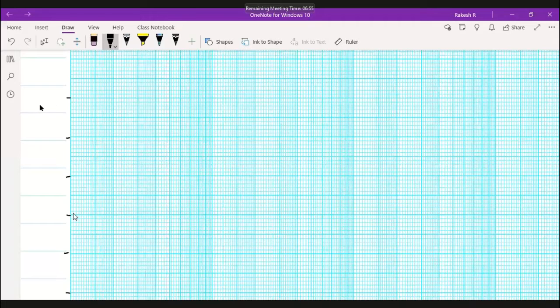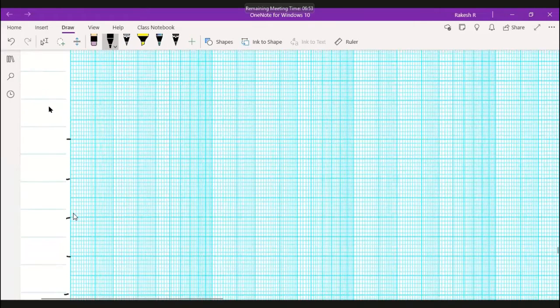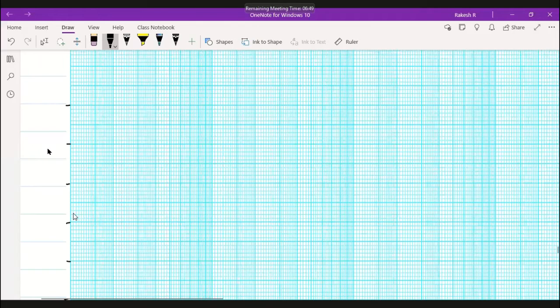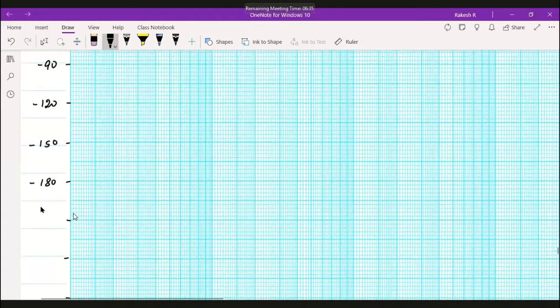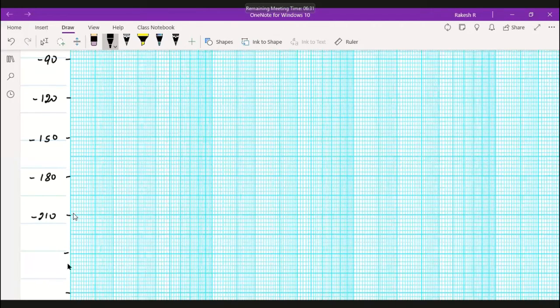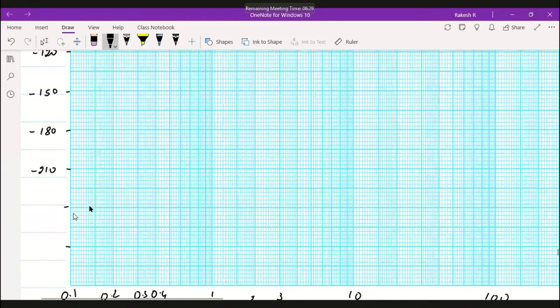So this I'll take as minus 90, this is minus 120, minus 150 and minus 180, minus 210, minus 240 and minus 270 here. This is how I have chosen it.